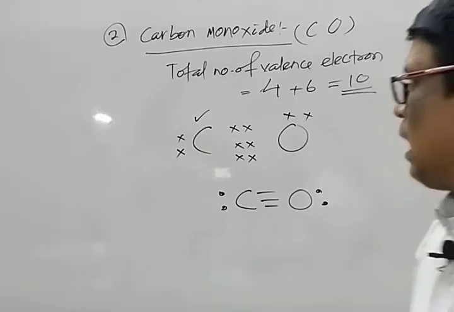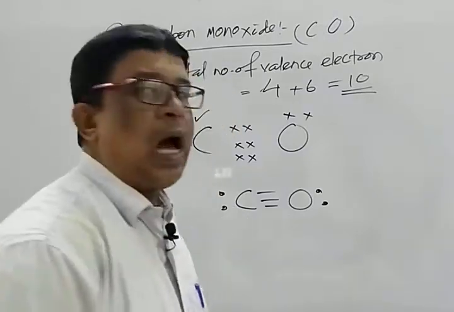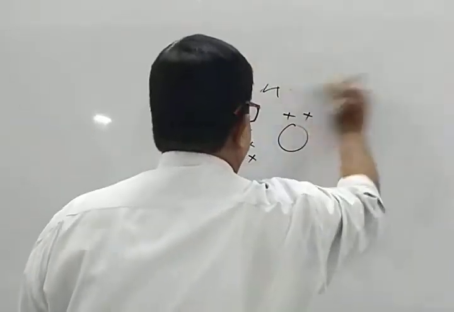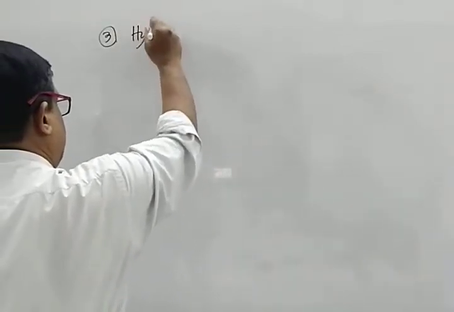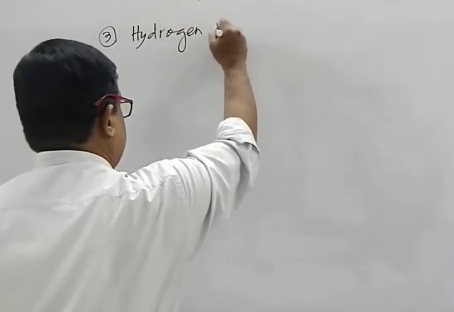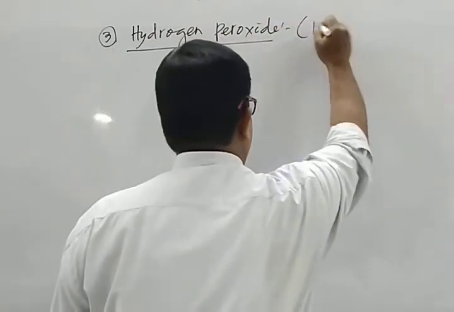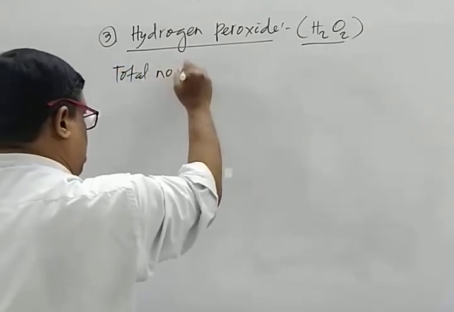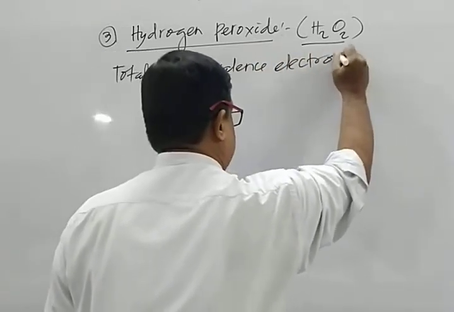Okay. Carbon monoxide is over, carbon dioxide is over. Next, switch over to hydrogen peroxide, the third example, H2O2. First, total number of valence electrons.